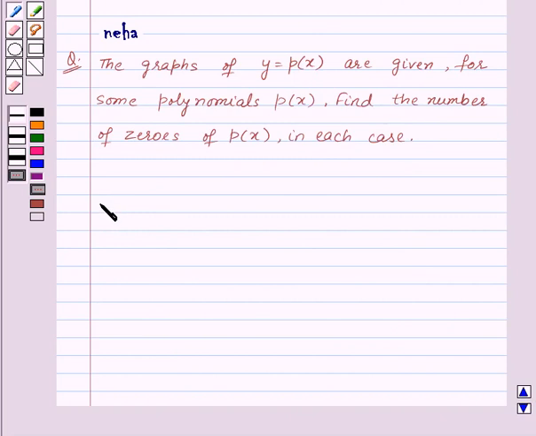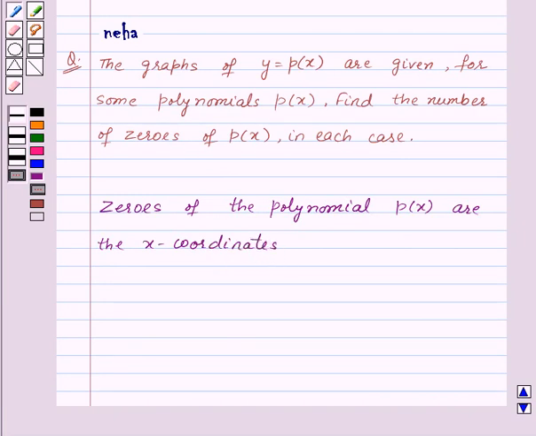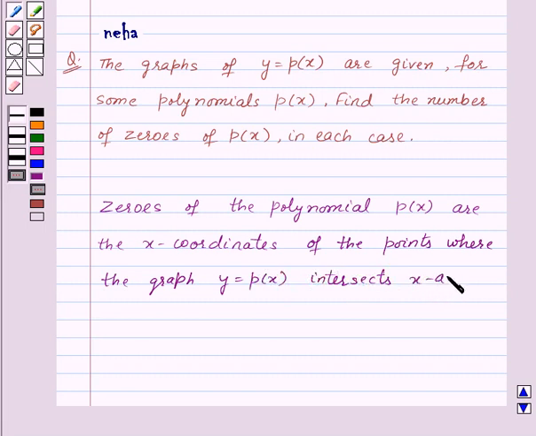Before proceeding for the solution, recall that zeros of the polynomial p of x are the x coordinates of the points where the graph y equal to p of x intersects x-axis.